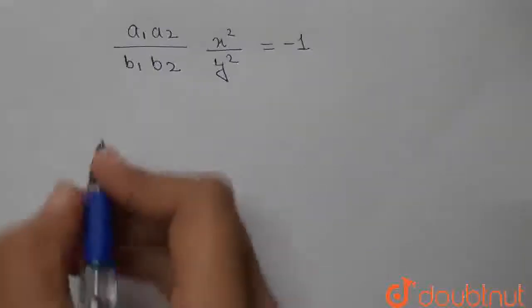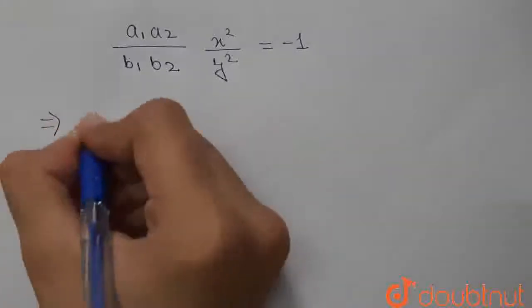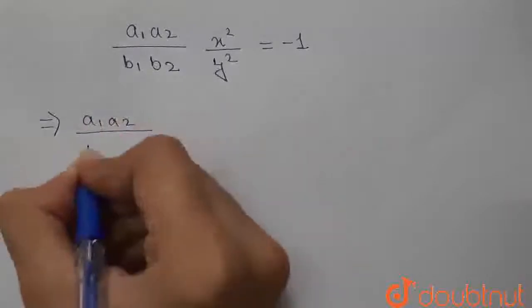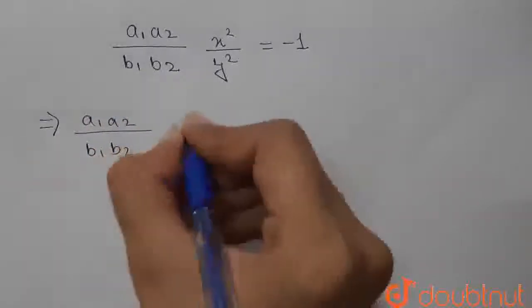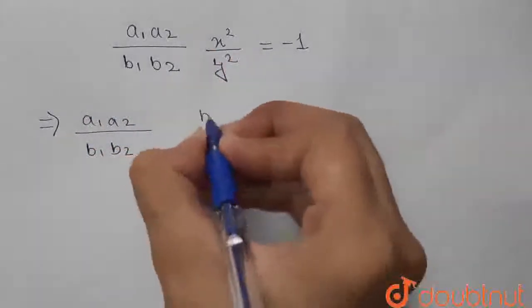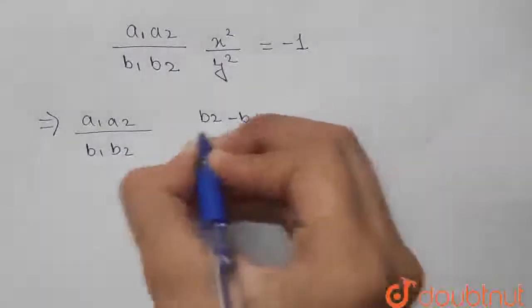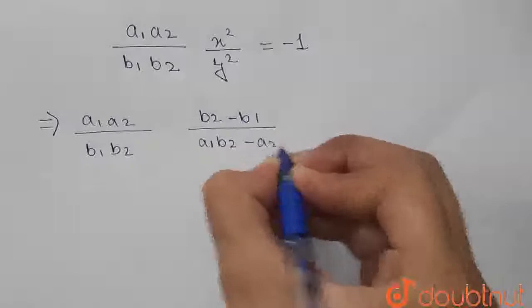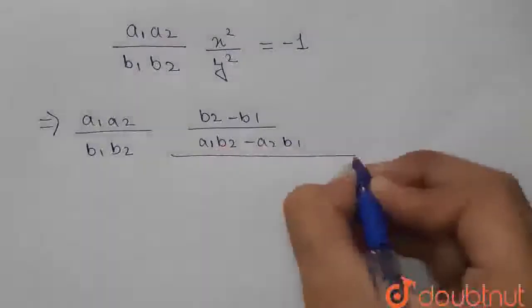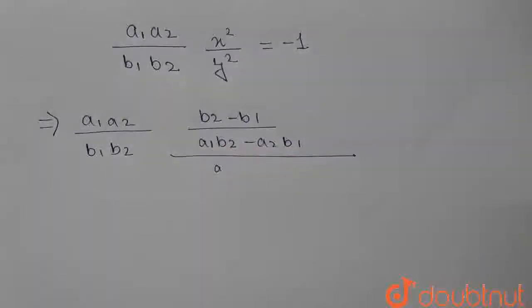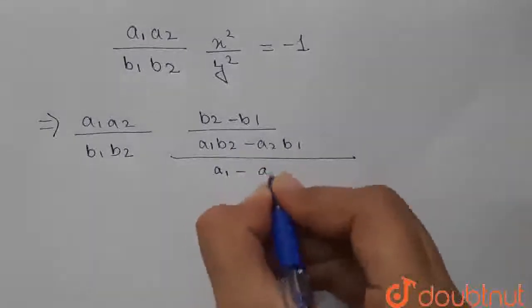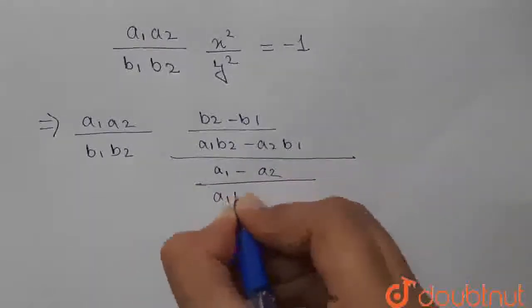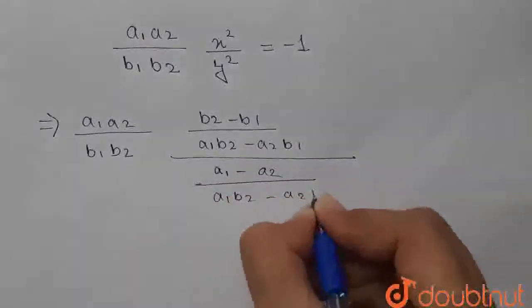So after putting the values, this will look like, see, this is a1 a2 upon b1 b2, and if I put here x square, its value was b2 minus b1 divided by a1 b2 minus a2 b1, whole upon a1 minus a2 upon a1 b2 minus a2 b1, right?